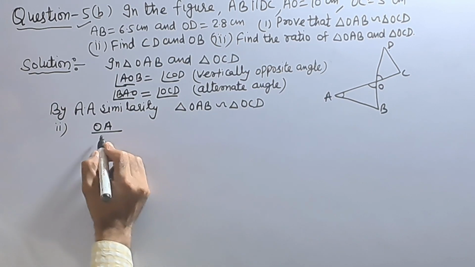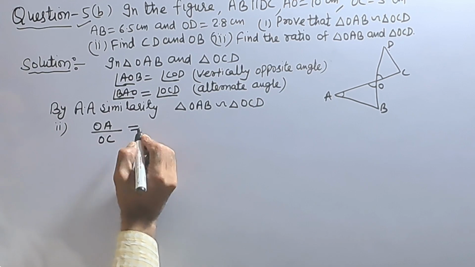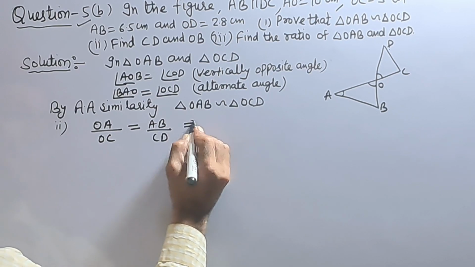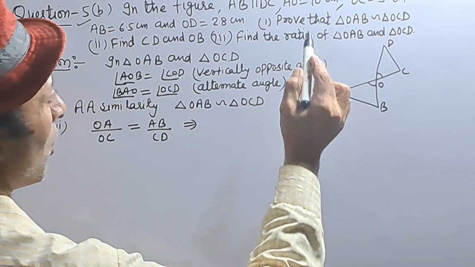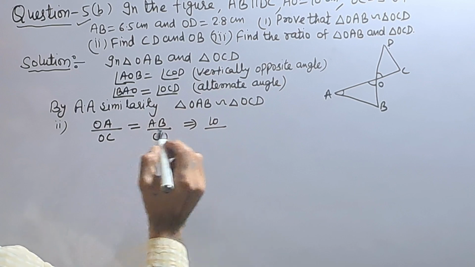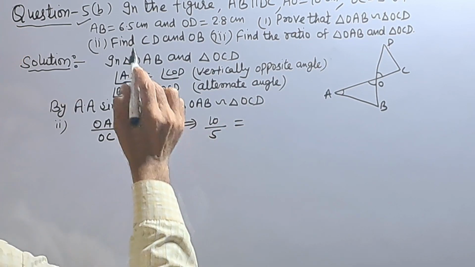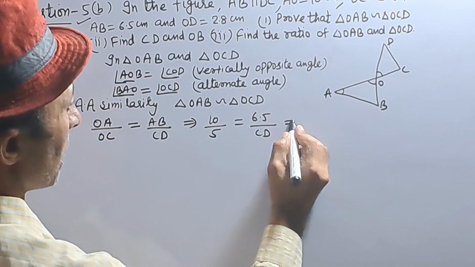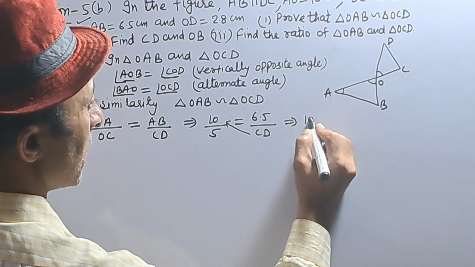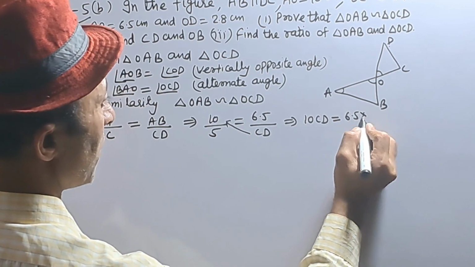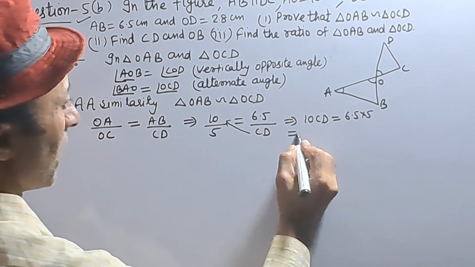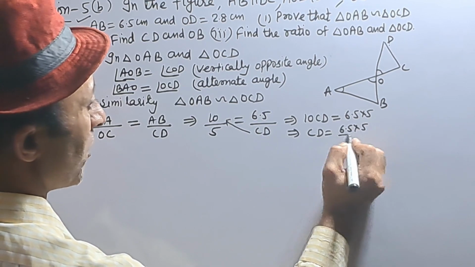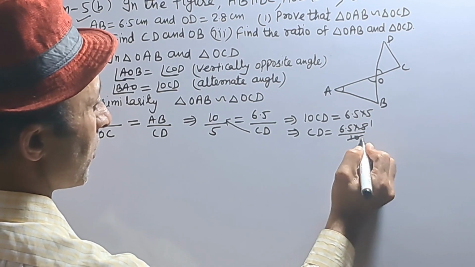OA upon OC is equal to AB upon CD, which implies OA is 10 centimeter and OC is 5 centimeter and AB is 6.5 centimeter divided by CD, which implies 10 CD is equal to 6.5 into 5, which implies CD is equal to 6.5 into 5 divided by 10. 5 ones are 5, 5 twos are 10.